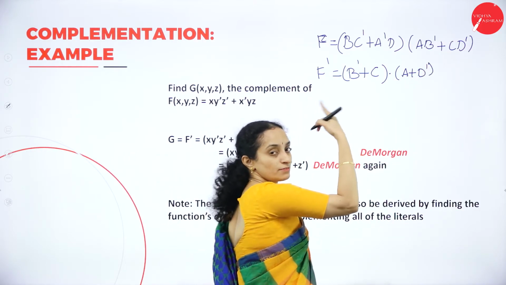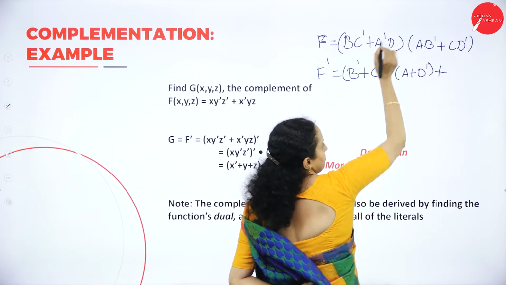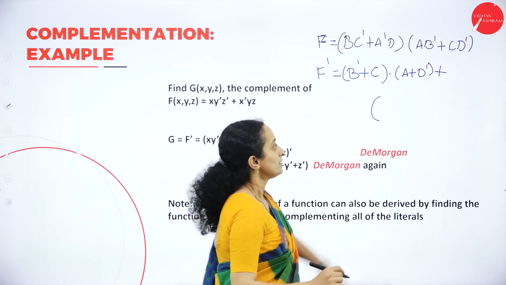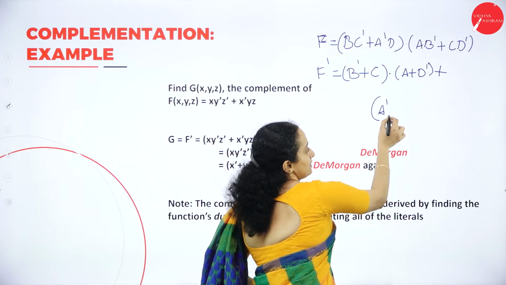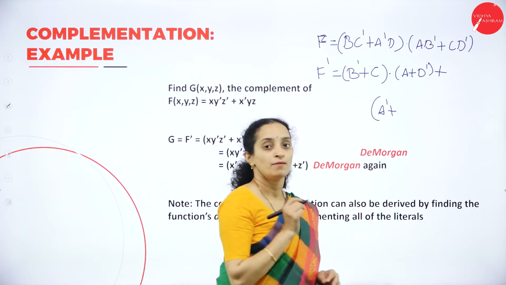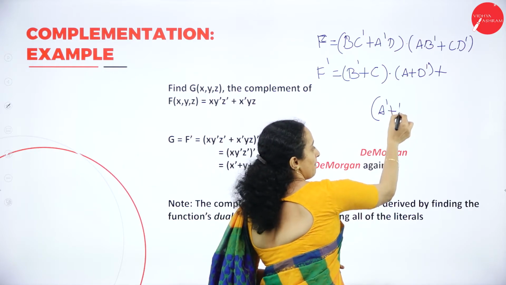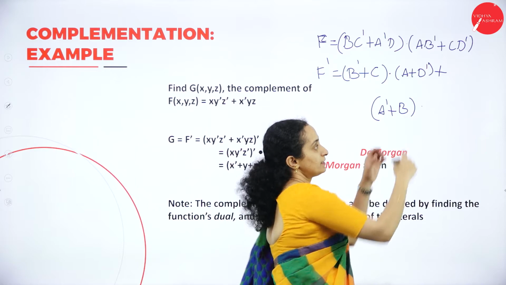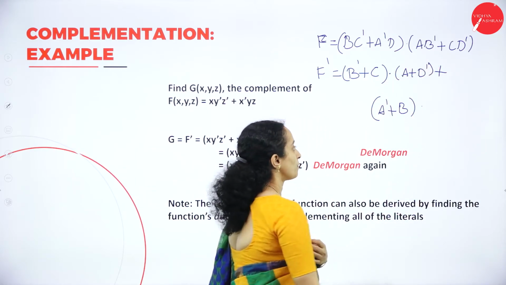Alright, next we will go to another expression, plus, here you have multiplication operator, this will become plus, a will become a dash plus b dash will become b. This plus operator will become multiplication operator.